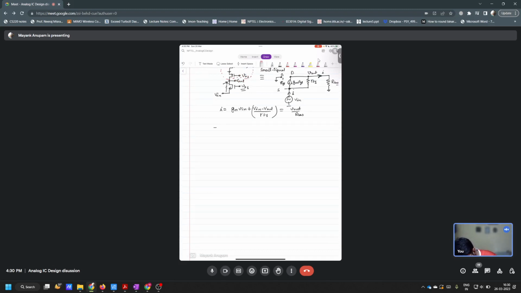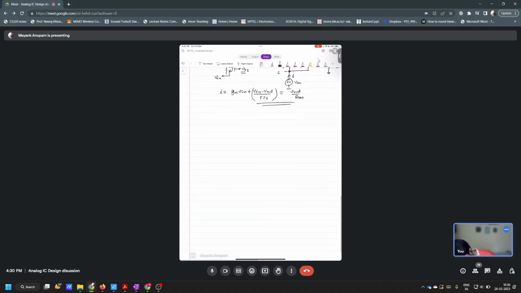So in this you can see these two you can take together and you will get Gm times RO1 plus 1, divided by RO1, times V in, is equal to V out times the parallel combination of R cascode and RO1, right?